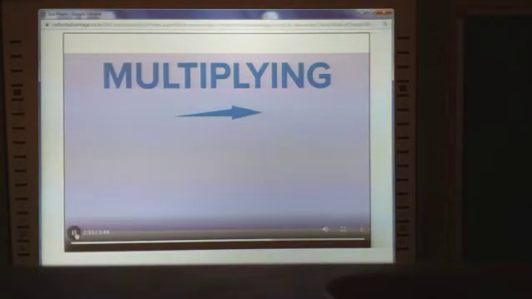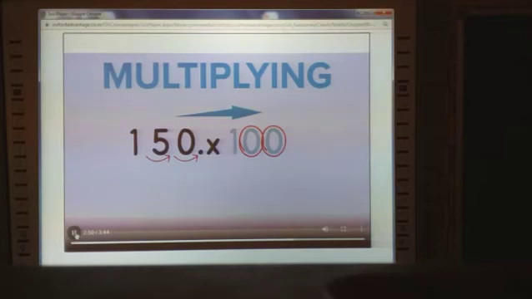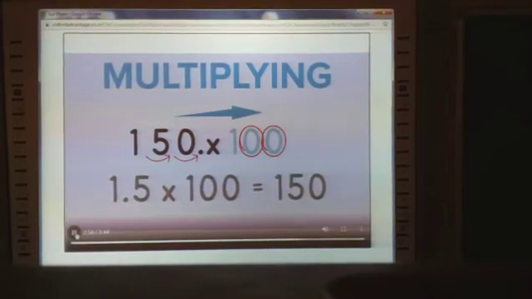What happens if we want to find out what 1.5 multiplied by 100 is? Well, we know that 100 has 2 zeros. So to solve 1.5 times 100, all we need to do is move the decimal point 2 places to the right. This means 1.5 multiplied by 100 equals 150.